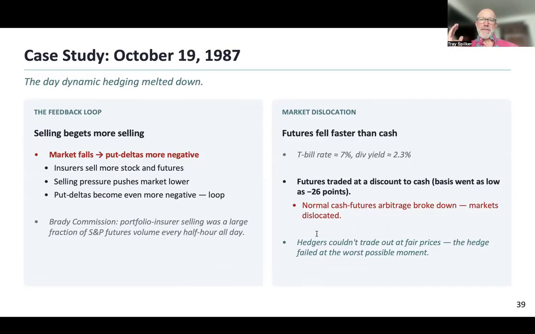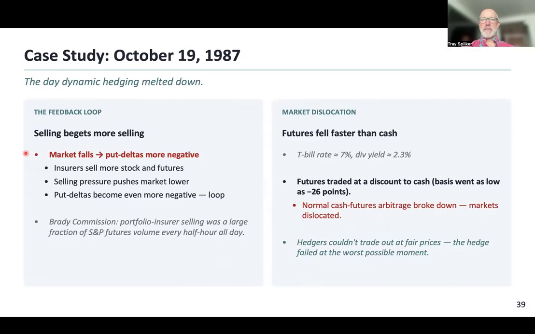Effectively, they're systematically selling throughout the day. As they do that and the market falls, put deltas become more and more negative, which demands more selling, and that selling drives the market down even further, demanding even more selling. So this is a positive feedback loop.